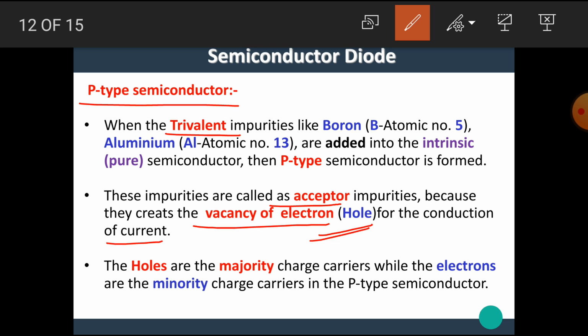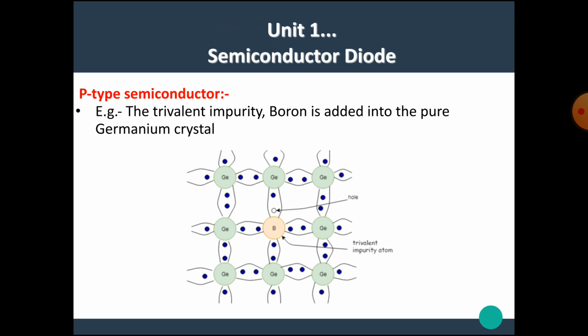Remember here that in semiconductor material, electrons as well as holes are responsible for the conduction of current. The holes are the majority charge carriers while the electrons are the minority charge carriers in the p-type semiconductor material.